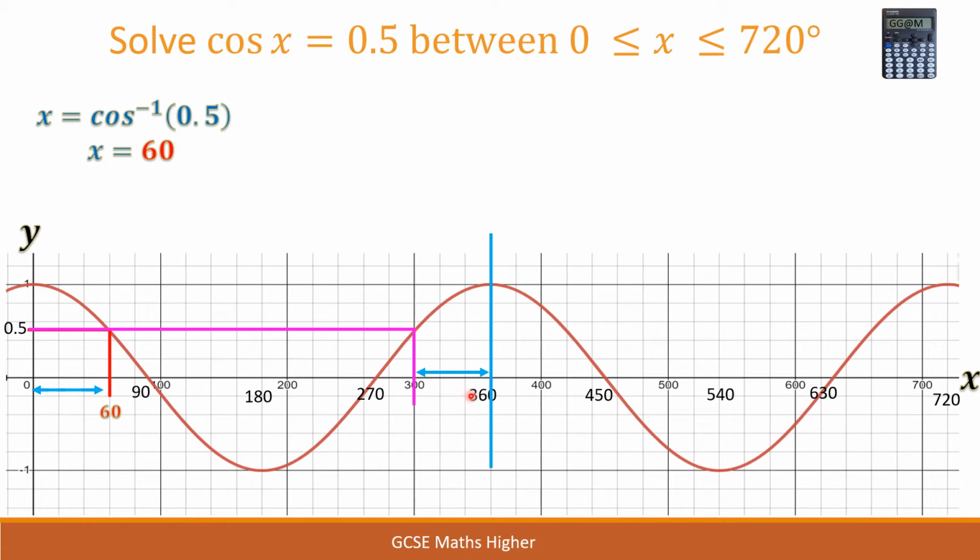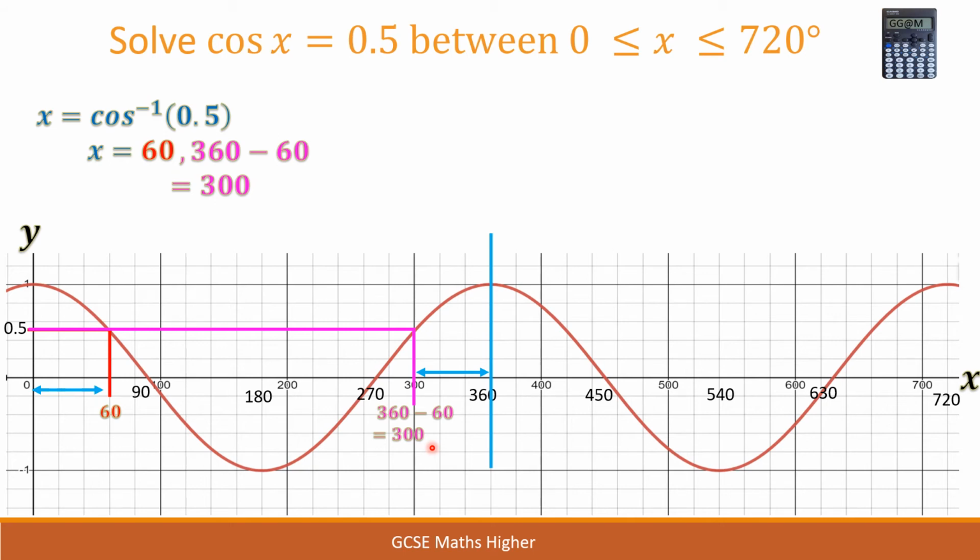This is the same gap. So to calculate the second angle on the cosine curve, we do 360 take away 60, which gives me 300 degrees. The reason is that 360, this maximum point here, take away the first angle, which was 60, gives me 300 degrees. So my second angle is 300.